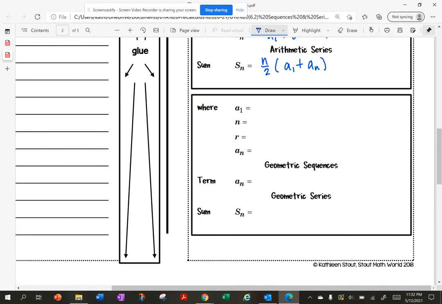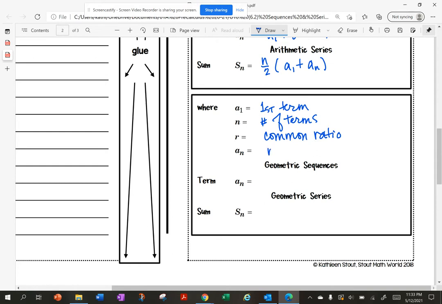For a geometric sequence, a sub 1 is still the first term, n is still the number of terms, r is the common ratio, and I just need to take a term and divide it by the previous term, and I'll get the common ratio.